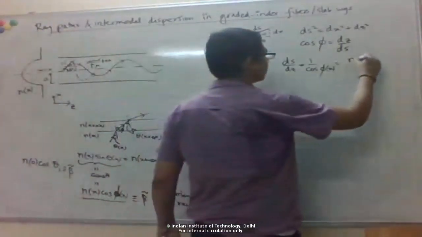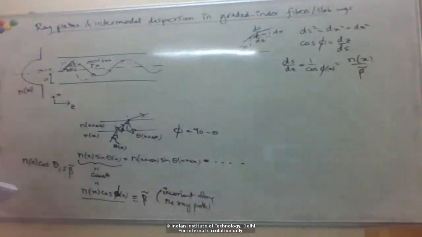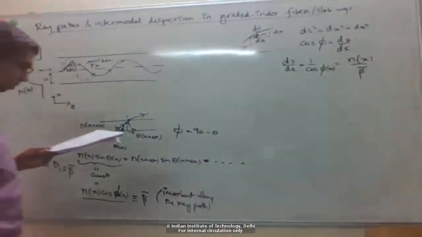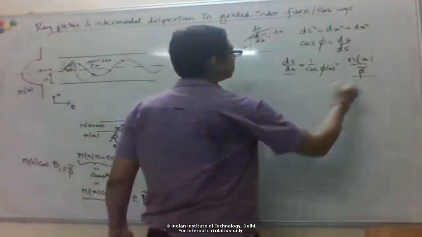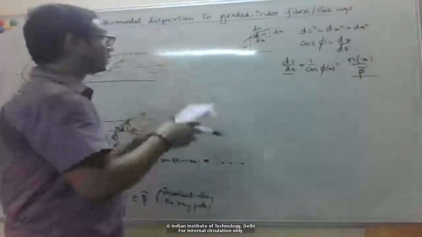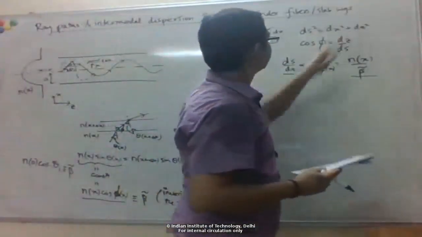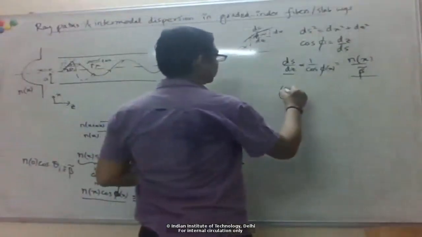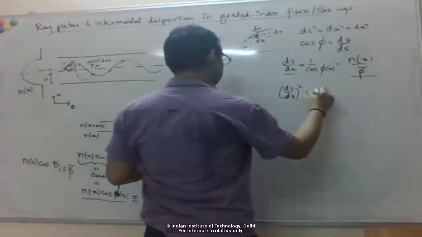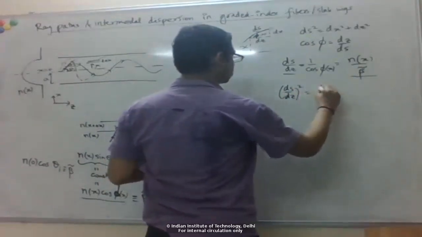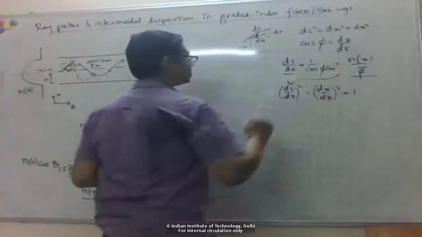So you can write this as, okay, so ds by dz, you can use this. So basically, if we divide this equation by dz square, then we get ds by dz, and for ds by dz we plug this in.